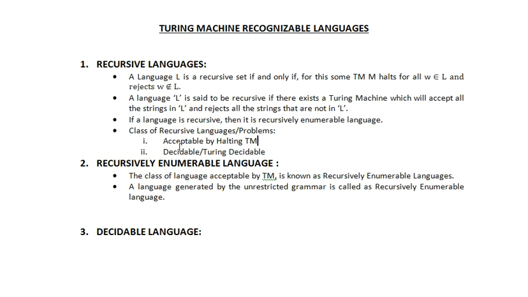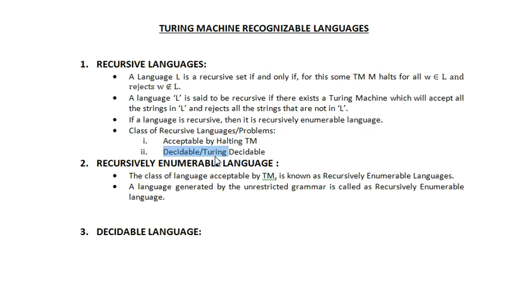Now if I talk about the class of recursive languages, or recursive problems, one is acceptable by a halting Turing machine. That means that a Turing machine will halt with an acceptance for all the strings that belong to that language. This is one criterion. The other one is decidable, or Turing machine decidable. That means the language where the strings are being accepted must always be a decidable scenario.